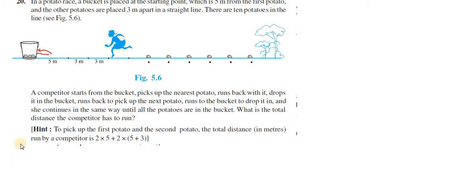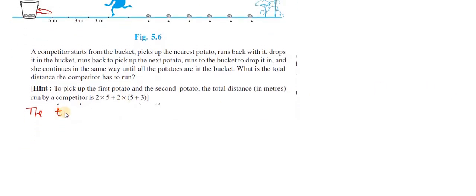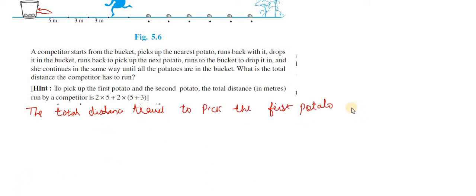So we can write like this: the total distance traveled to pick the first potato is equal to 5 meters into 2 times, which is equal to 10 meters. So to take the first potato, she has to travel 10 meters.